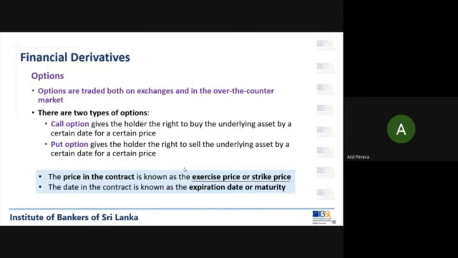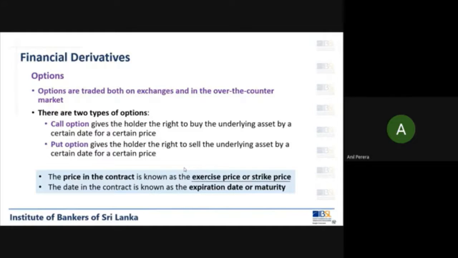A call option gives the holder the right to buy the underlying asset by a certain date for a certain price.